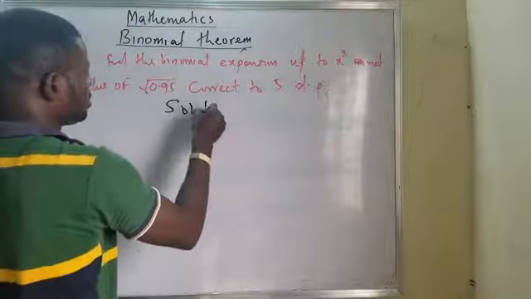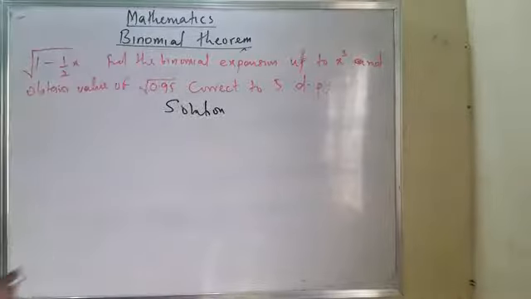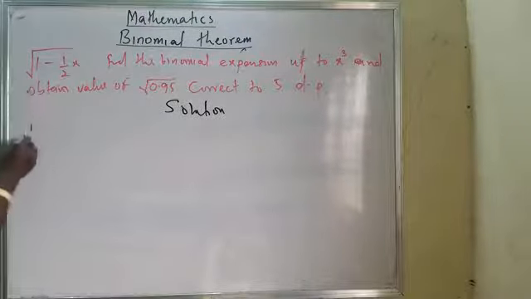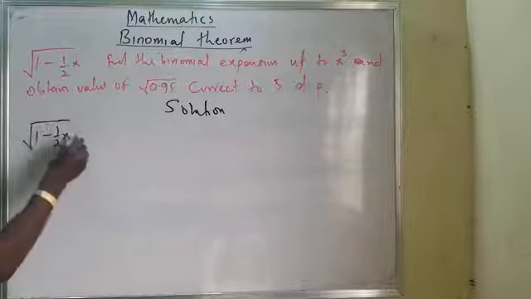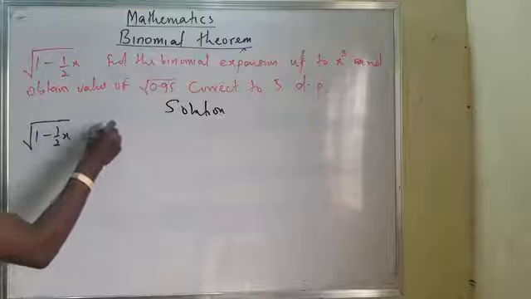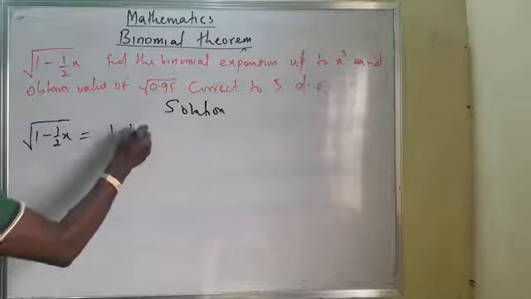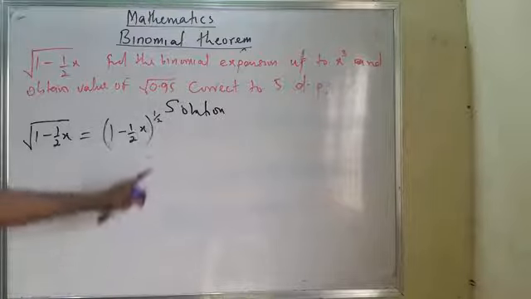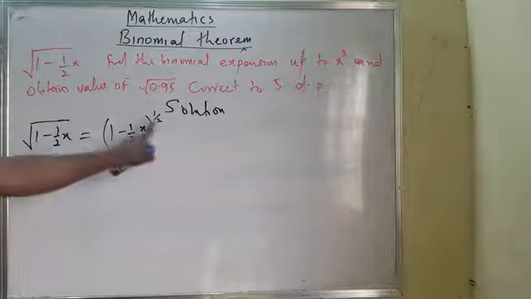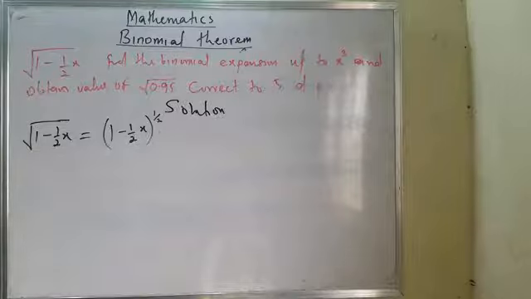Solution to this. Now, don't forget, I can write this as root of 1 minus 1 all over 2x. The root must cover everything. It can also be written as 1 minus 1 all over 2x, bracket of 1 all over 2. Now, you can see the power is less than 1.